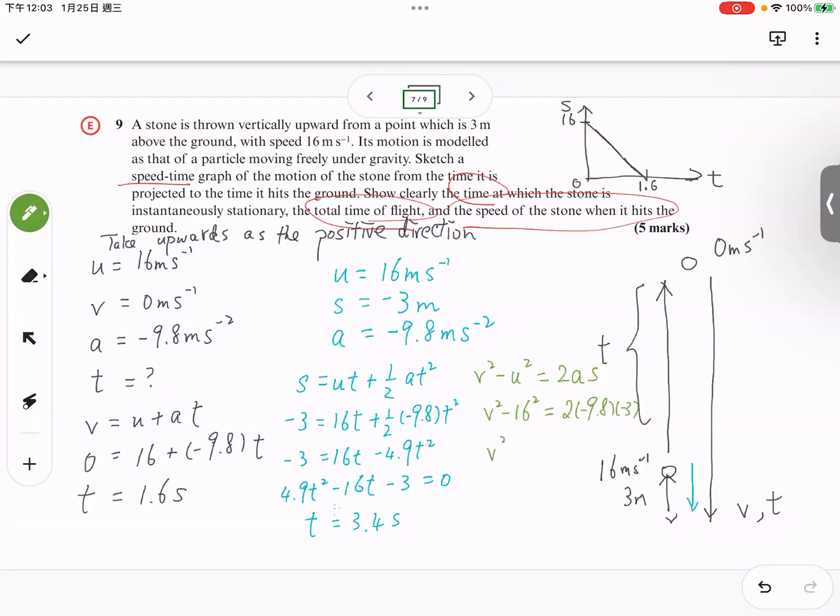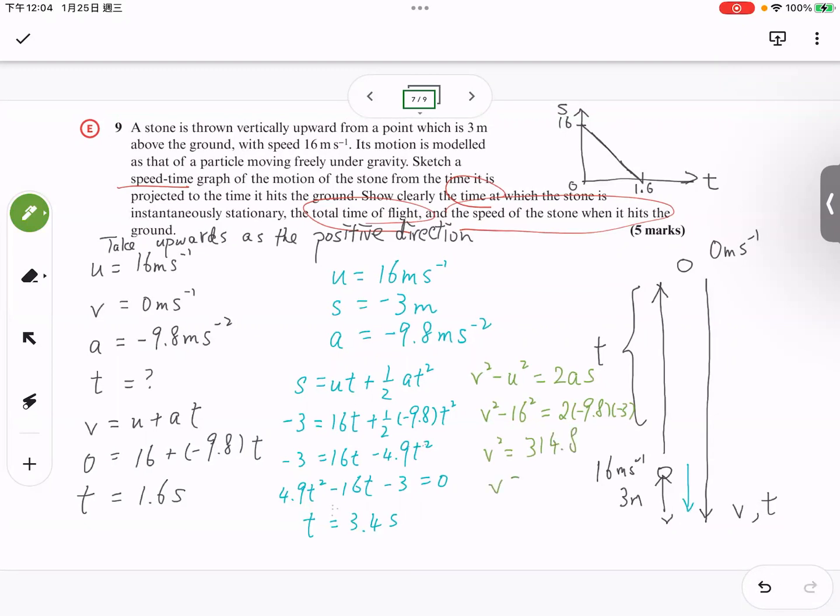So we will find that v squared is equal to 314.8. And then v is equal to -17.7 meters per second. Make sure that it goes down, so that must be negative. So that means we have all the information and I can draw this diagram.